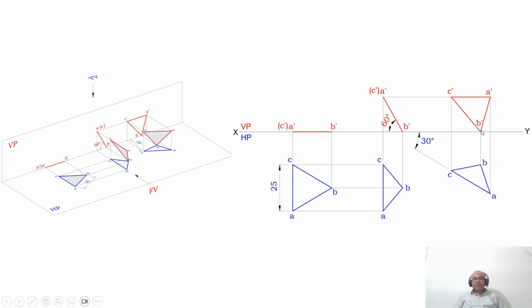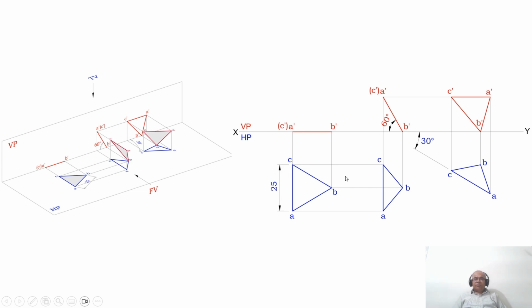Join A dash to B dash to C dash, and C dash to A dash with a dark line. So this is how I will be able to write the orthographic view of a triangular lamina.